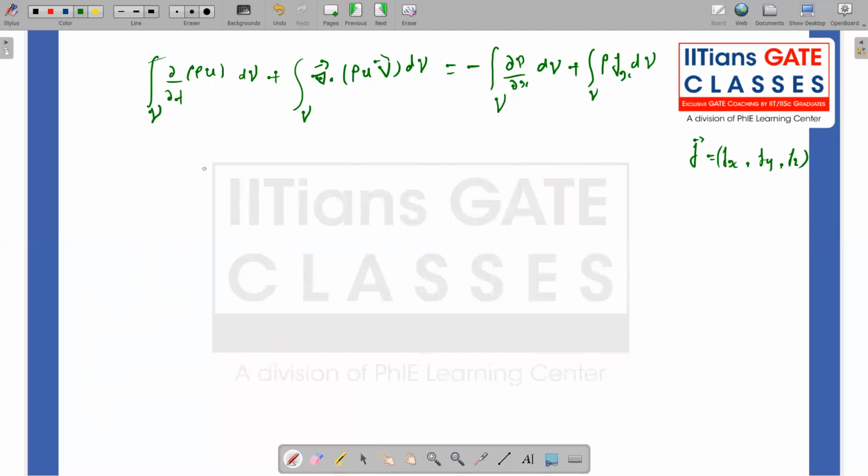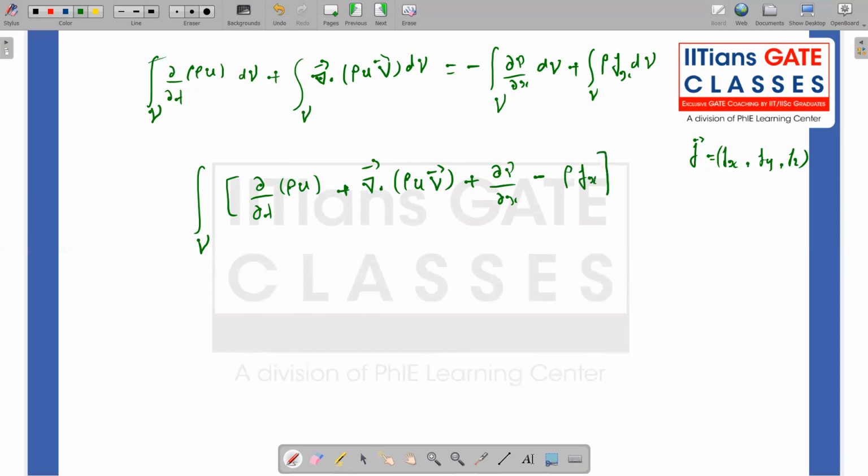So I can take the volume integral as a common parameter and dump all the integrand into one single expression: dou by dou t of rho u plus the divergence of rho u times the velocity vector plus dou p by dou x minus rho fx, times dV, equal to 0.